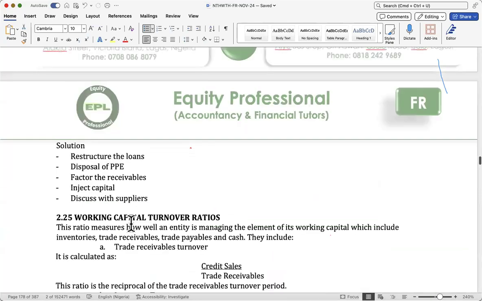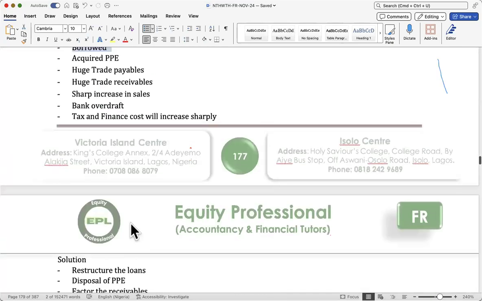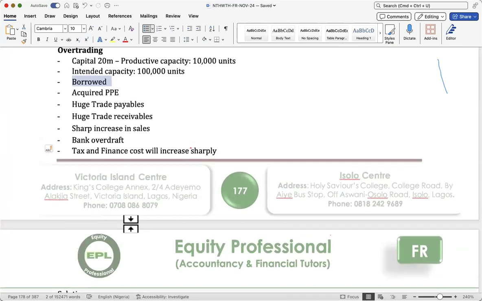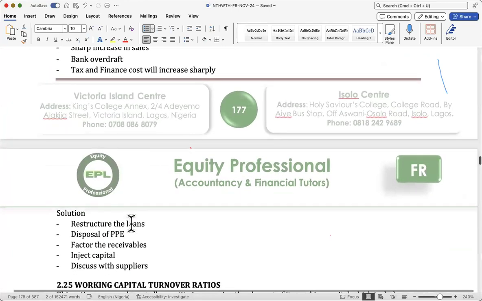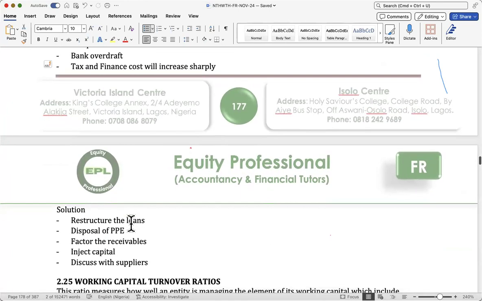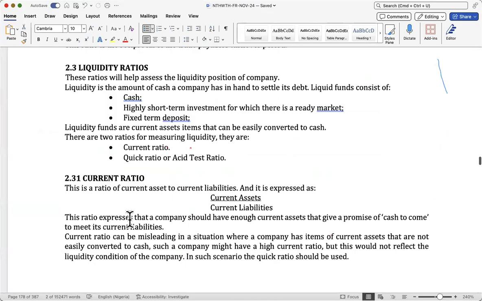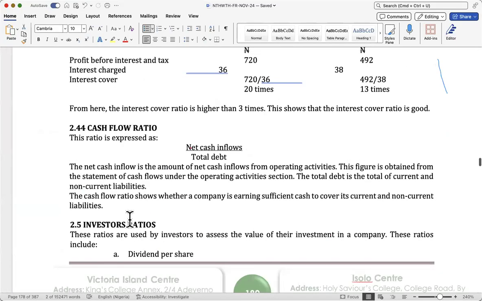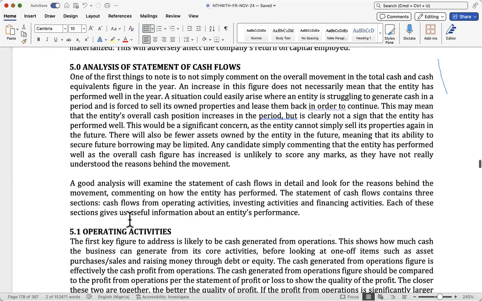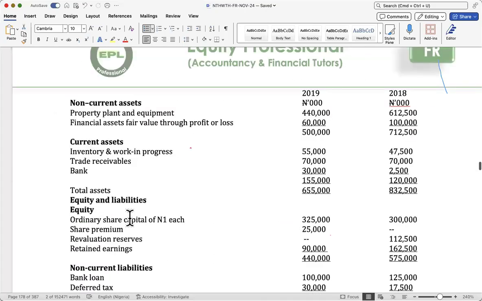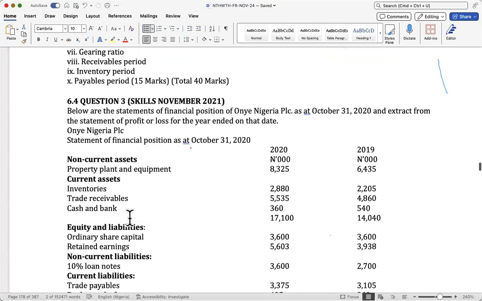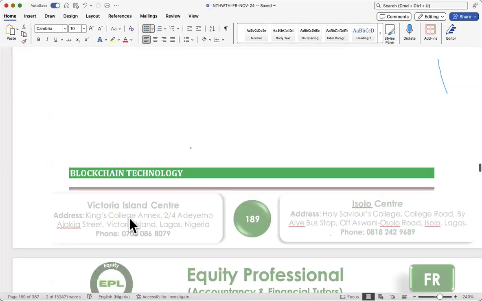ICAN has actually asked you this scenario I've just given you before for 15 marks. It was a 15 marks question that came out. I will show you one of your past questions. The analysis I've given to you can only just help you to not forget.